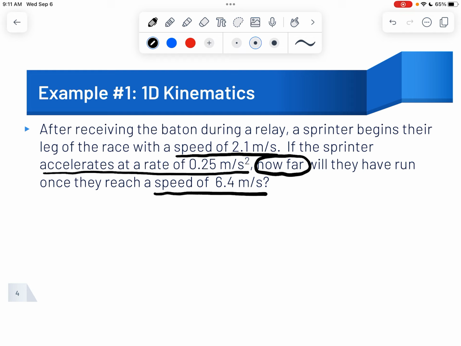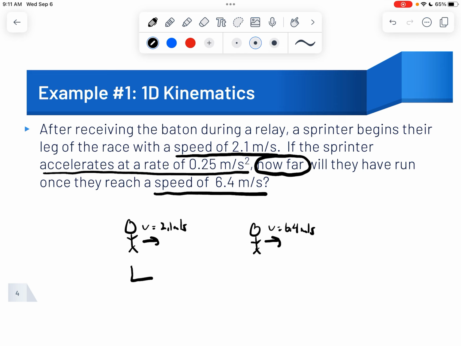So again, what this looks like is we've got our person. They start off with an initial velocity of 2.1 meters per second, and we know that they're going to end up with a velocity of 6.4 meters per second. As far as my coordinate system goes, I'm going to look at the sprinter as an outside observer standing on Earth.